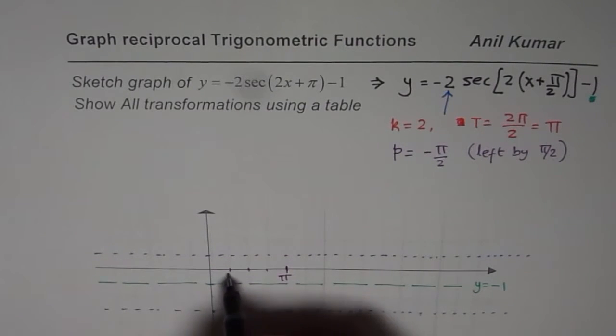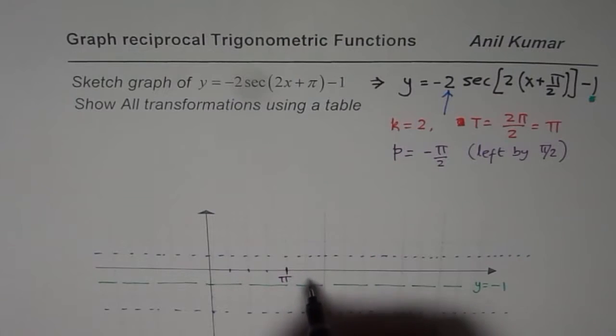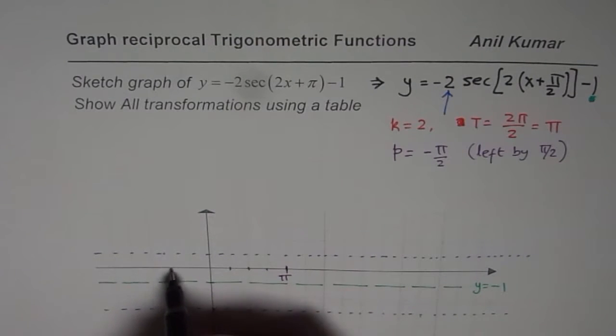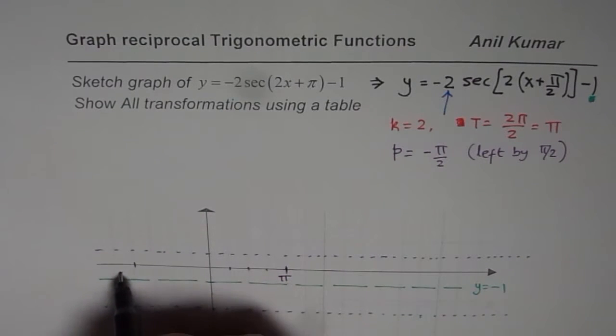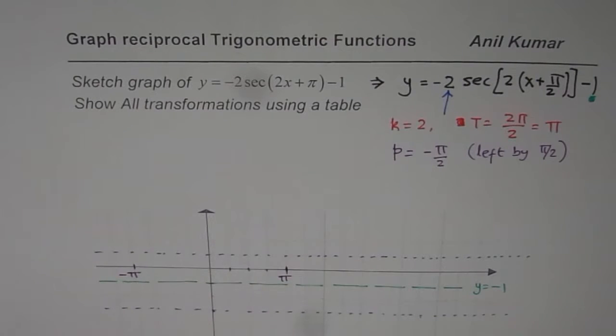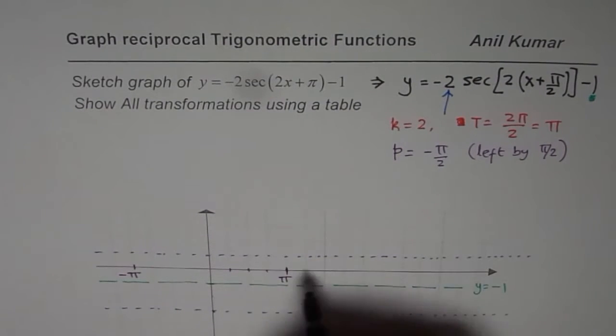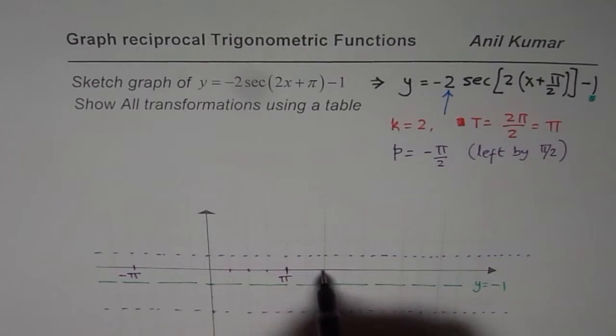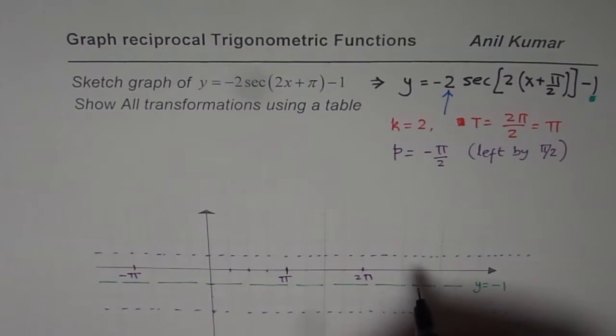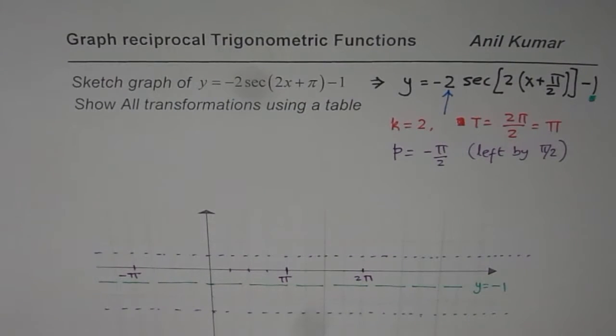So 1, 2, 3, 4 is pi for us. So we have 1, 2, 3, 4. This is minus pi for us. So what I will do is actually sketch only one wave for it. Let me go ahead here. So 1, 2, 3, 4. So that becomes 2 pi, right? So let's say we have this much.